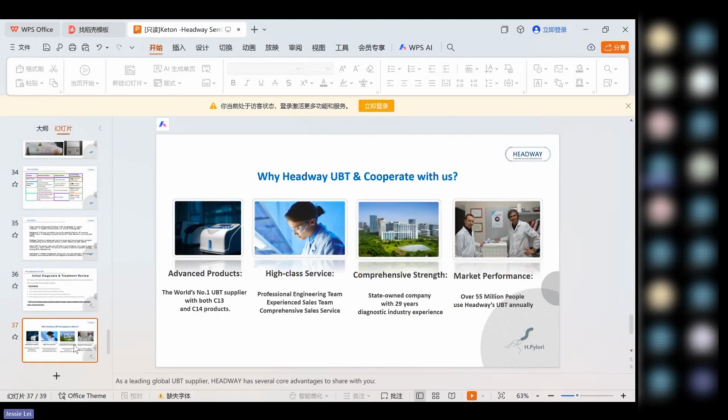We have a professional engineer team, an experienced sales team, and comprehensive sales service. Headway is a state-owned company with over 30 years of diagnosis experience in the global market. So we have the comprehensive strength to promote UBT, and over 50 million people are using our UBT.